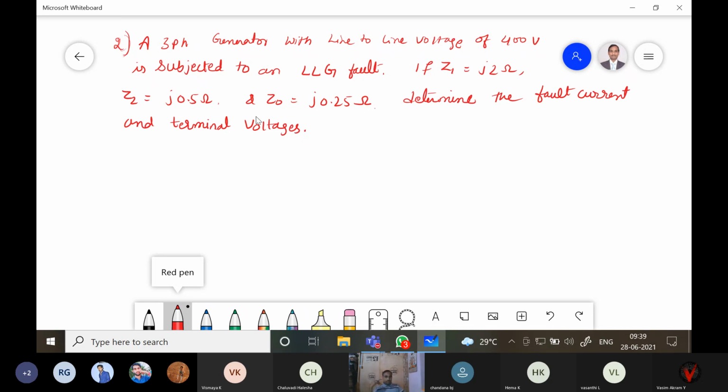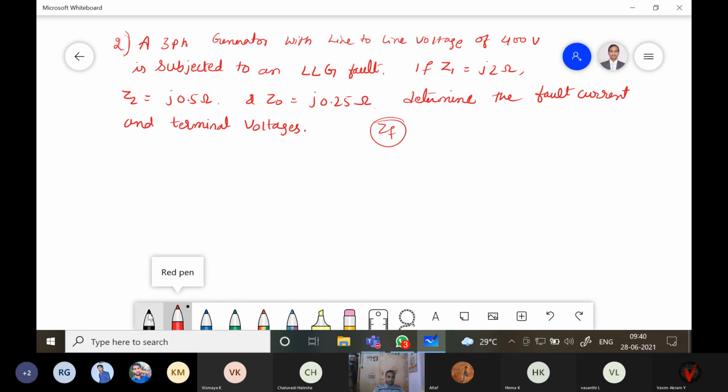This is the problem. A three-phase generator with line voltage given as 400 volt is subjected to the LLG fault. In this case, the fault impedance ZF is not given, right? So this comes under the first set of equations in the third derivation for LLG. So we need to write the sequence network without fault impedance.